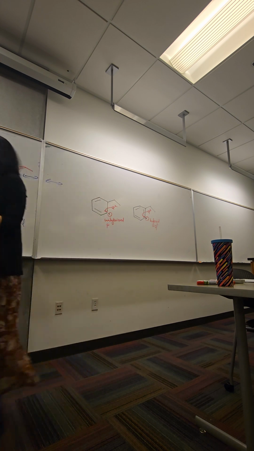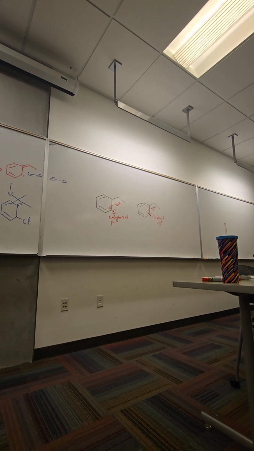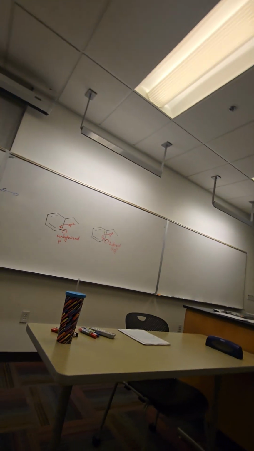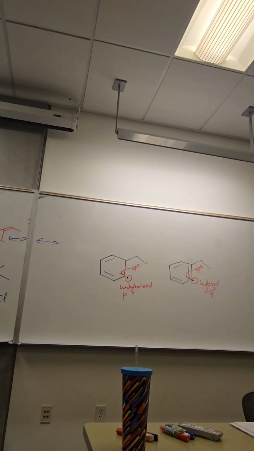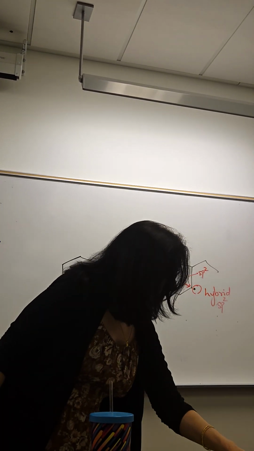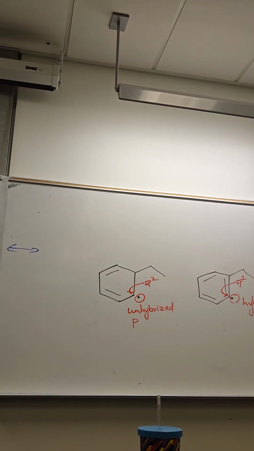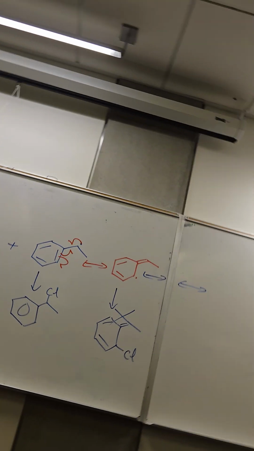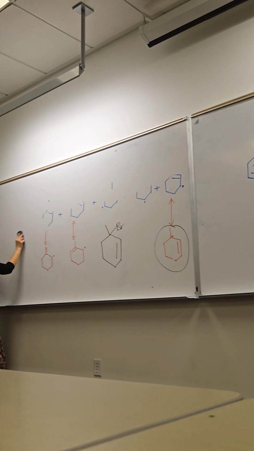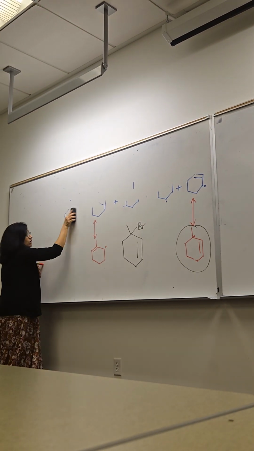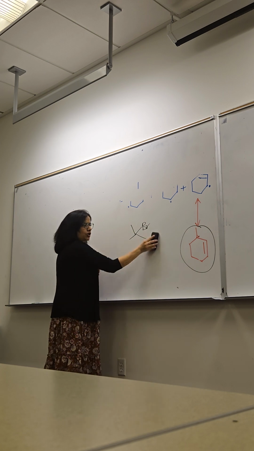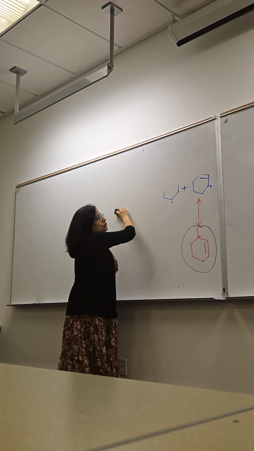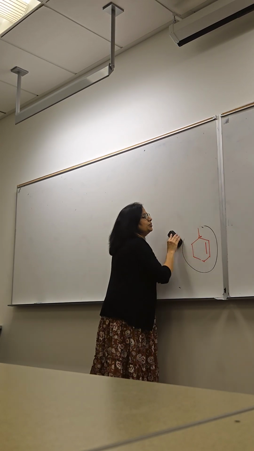Guys, are we okay so far? Yes? Okay. So I think I've covered it all. That is the free radical halogenation reaction of alkanes or cycloalkanes. We must be able to figure out products. We must be able to determine the major product.